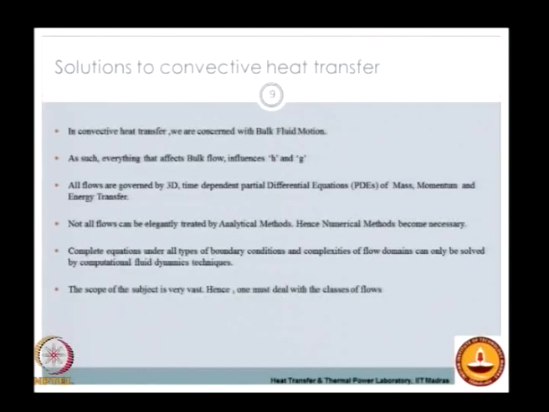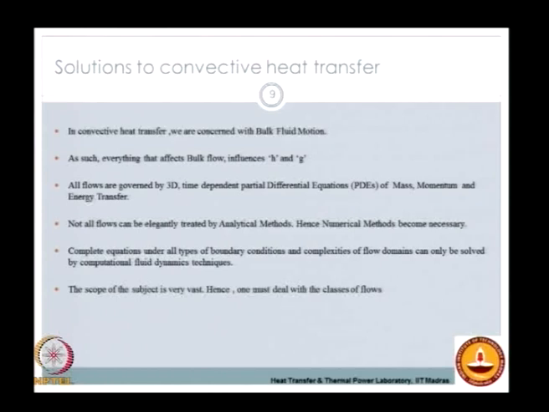The complete solution of course has to be numerical and time dependent. However, in many instances we can reduce the equations to forms which are amenable to analytical and approximate solutions, and in some cases this cannot be done, and therefore you have to look at a full numerical solution to these equations.